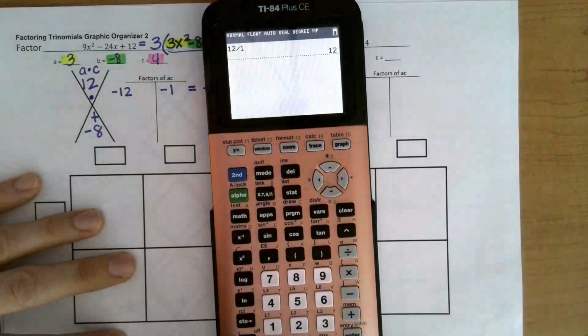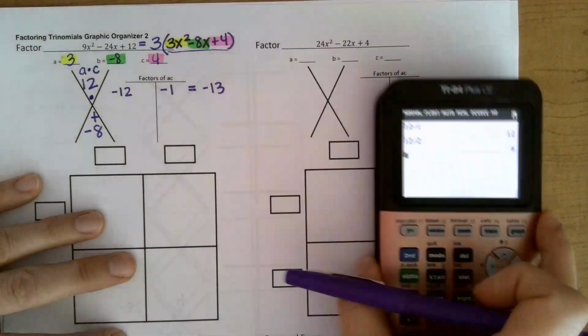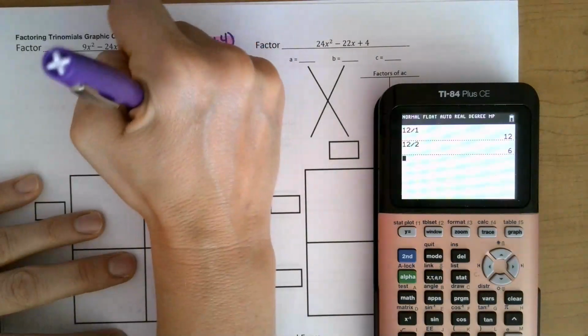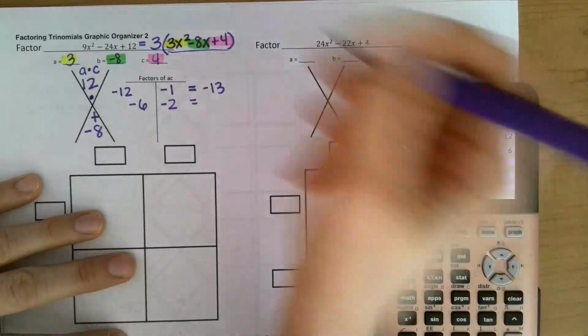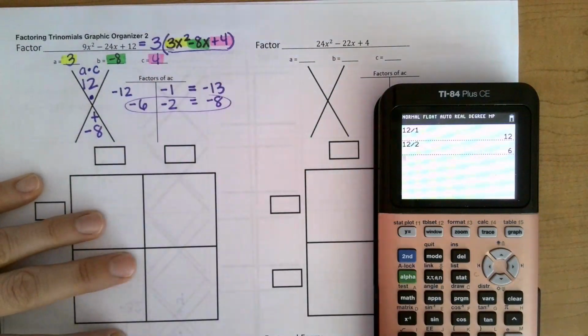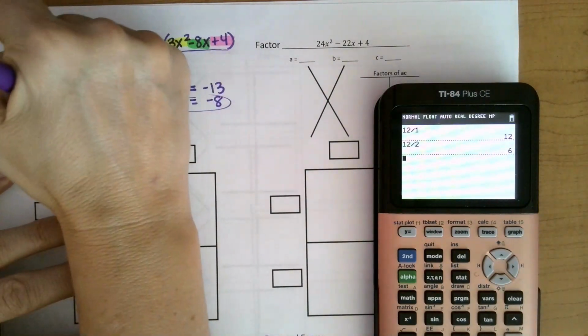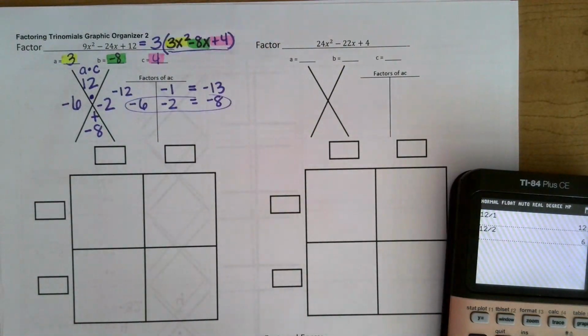Then go to 2. 12 divided by 2 is 6. 6 and 2 are our factors. Okay, I know they both need to be negative. Negative 6 and negative 2. What do those add up to? Negative 8. So these are the ones we want to use. So we would put negative 6 and negative 2. Find it quickly so you can write this down.